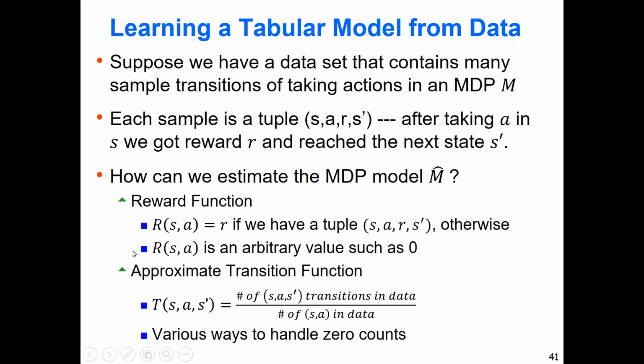For the reward function, for every S and A that you saw, you just write down in the table what the reward was. If you haven't seen it, you assign it an arbitrary value, maybe 0. For the transition function, you just keep track of how often you ended up in state S prime when you took action A in S, and you normalize by how many times you took action A in S. So these are just simple frequency-based model estimation techniques.